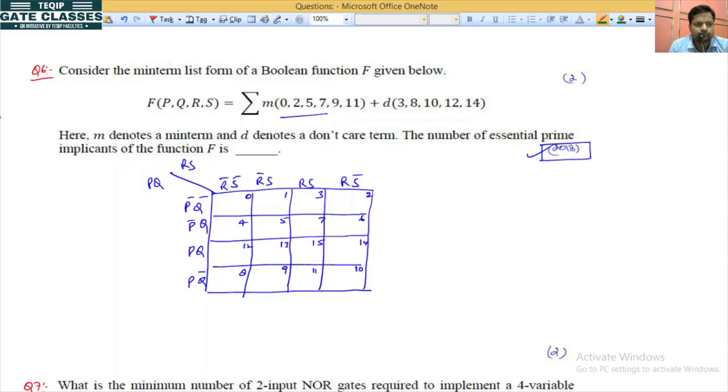Now in minterms, at 0 output is 1, at 2 output is 1, at 5 output 1, 7 output 1, 9 is 1, 11 is 1. Then we have 3, 8, 10, 12, and 14 as don't cares.